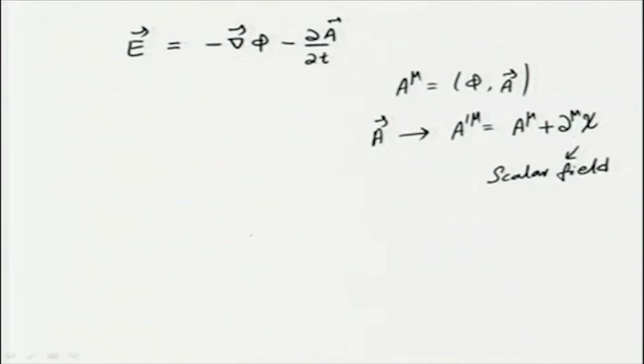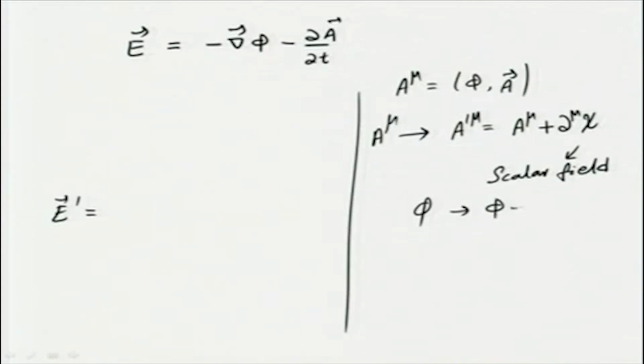In that case, we have E prime equal to, so essentially this change in A mu will, sorry, phi will go to phi plus time derivative of chi, and A goes to original A minus grad chi, because gradient has a relative minus sign compared to the normal contravariant vectors.